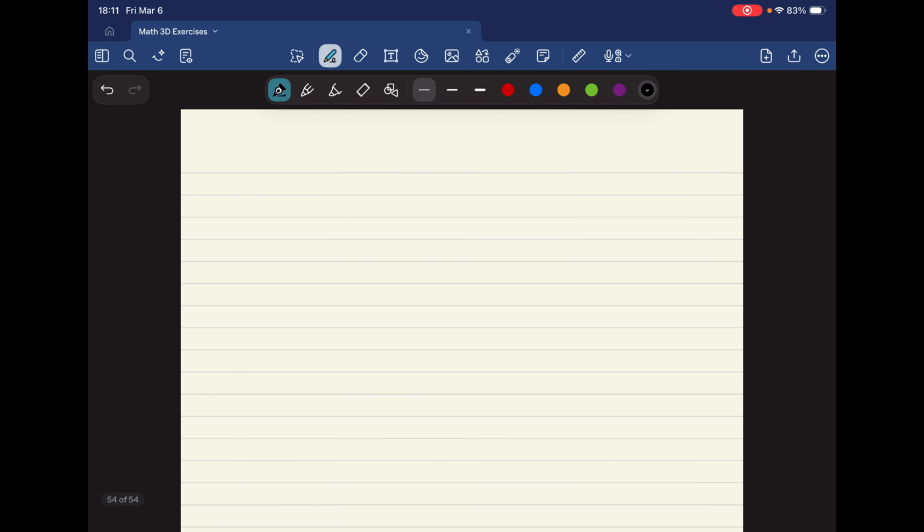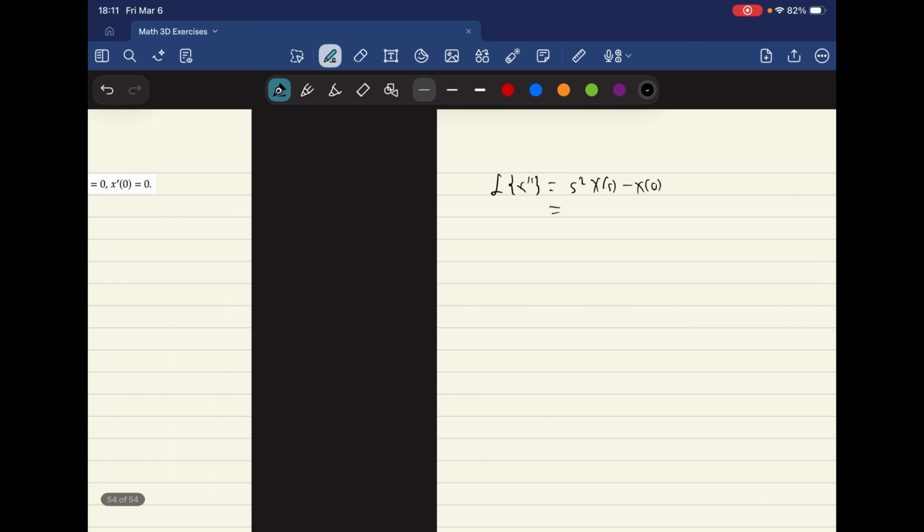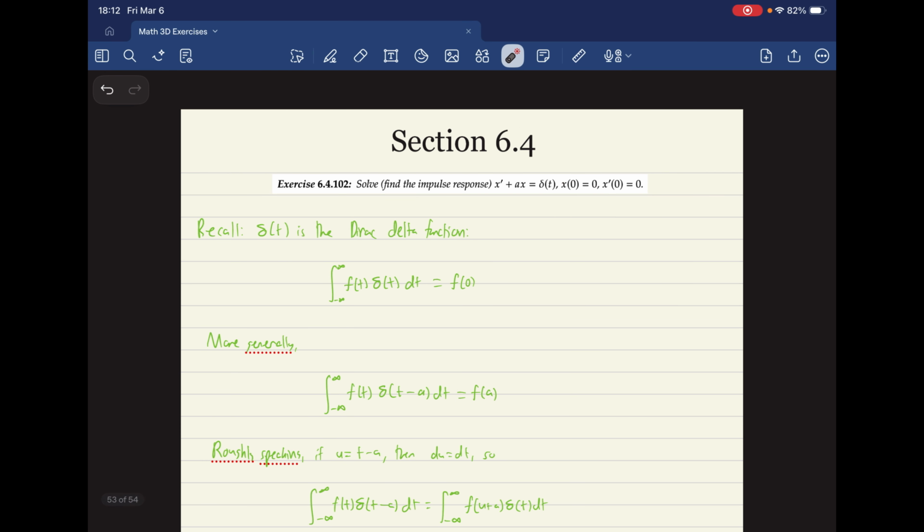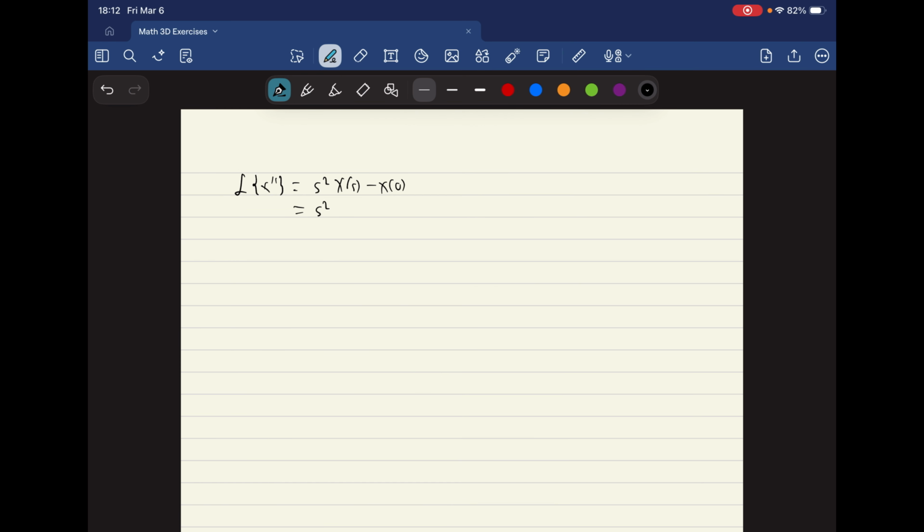Okay, now let's go to the other side. As always, L of x double prime is s squared capital X of s minus s x of 0 minus x prime of 0. But for us, the initial conditions are 0, so those terms are just going to be 0 right here.